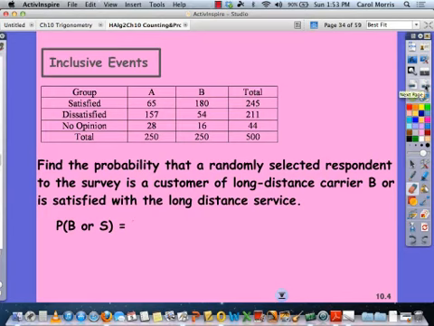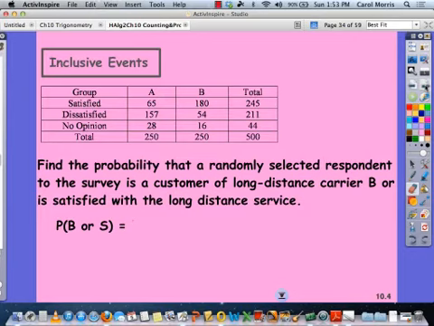Next, if we talk about inclusive events, in this case, our long-distance carrier, find the probability that a randomly selected respondent to the survey is a customer of the long-distance carrier B, so we want them to be in B, or is satisfied with their long-distance service.